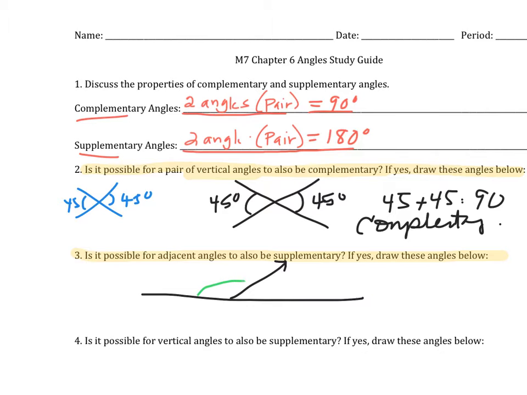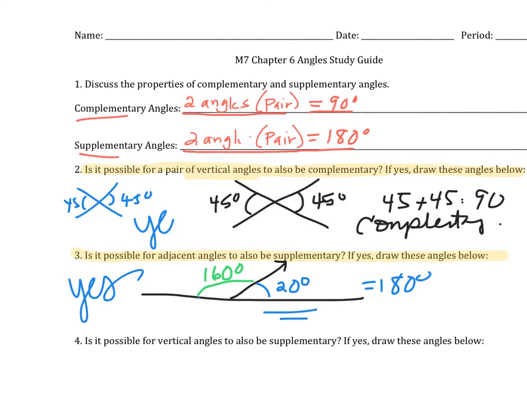So if this angle here was 160, then this angle right here would be 20, and 160 plus 20 is 180. And these are adjacent, so yes. Let's write yes for this one, because 160 plus 20 is going to equal 180, and these are both adjacent.